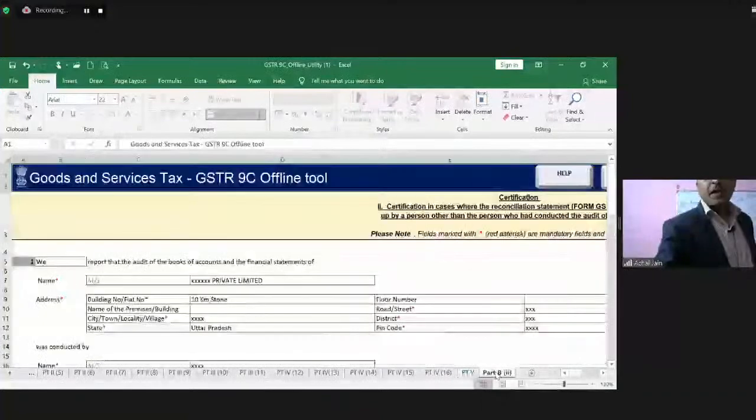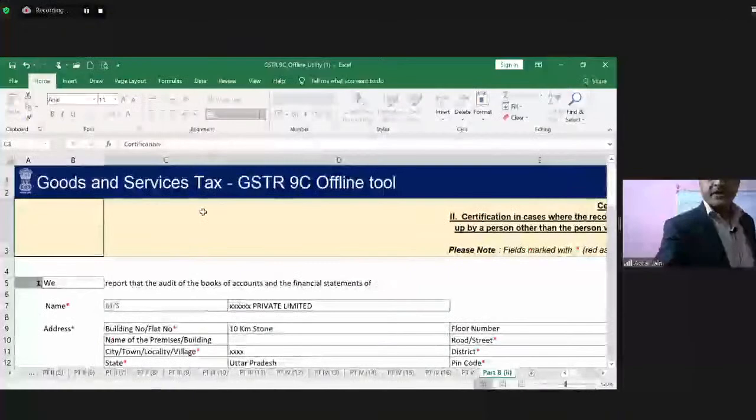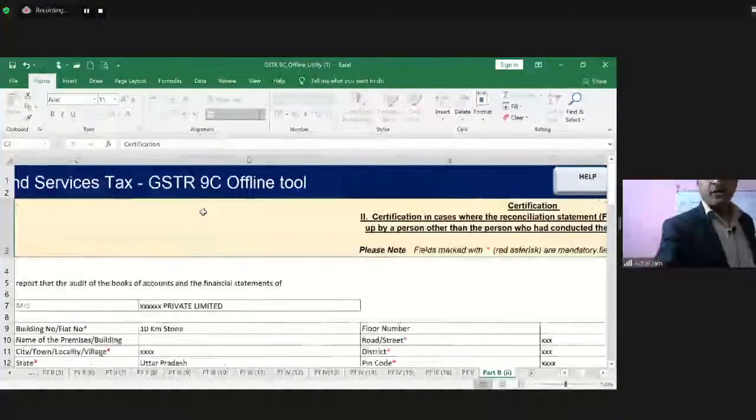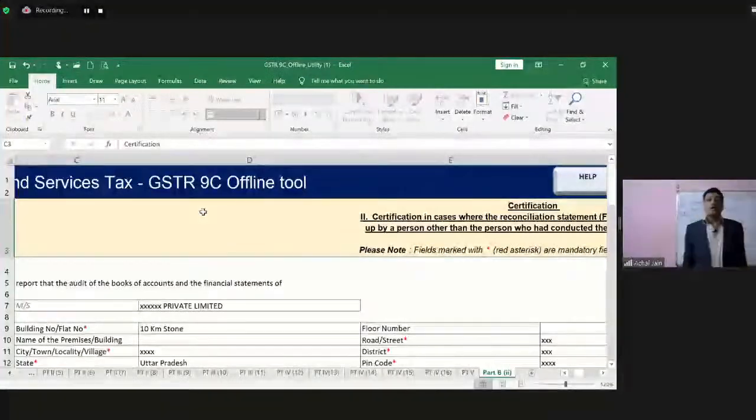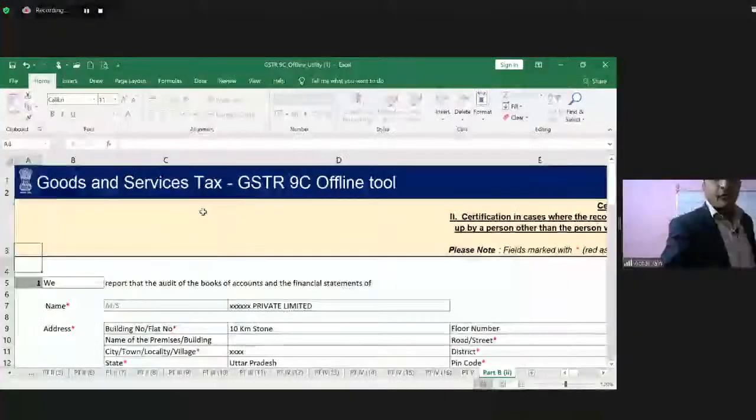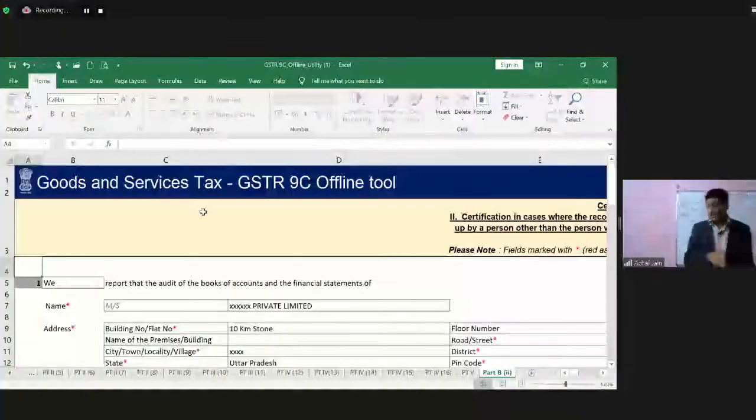Now moving on to the last part. This is about certification. So we are actually moving on to the certification. Certification means, you can say, the report, and you will find this report no different from what you would have seen in respect of books of accounts, that means the statutory audit or the tax audit.